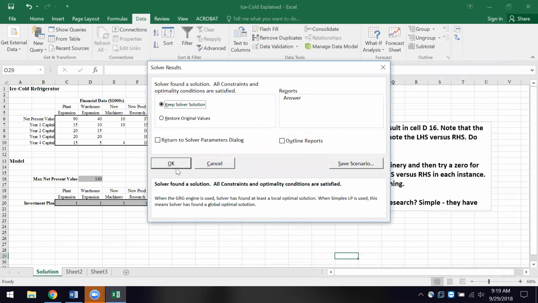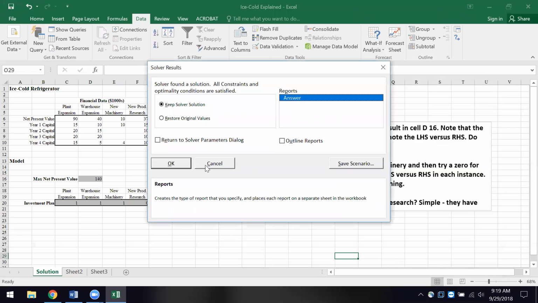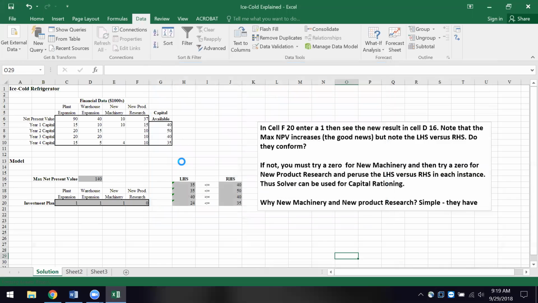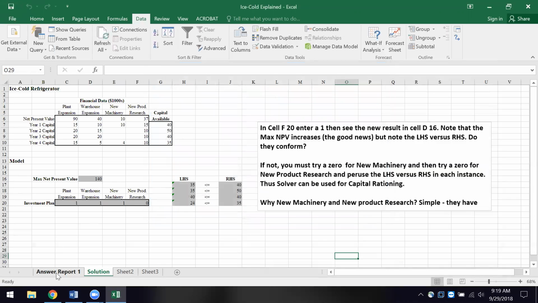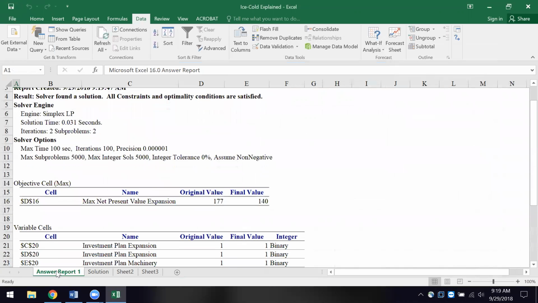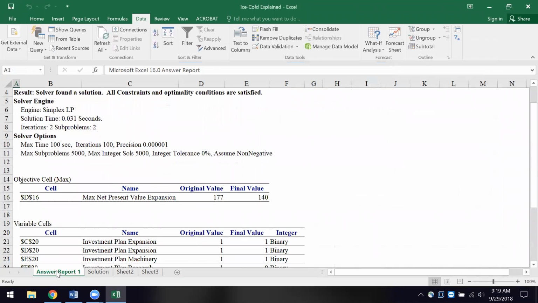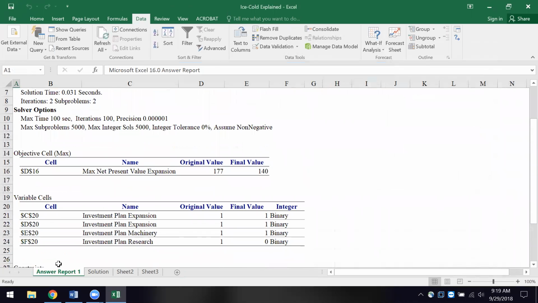All right, and of course it gives me the report, and I get the answer report. And let's just look at that for a moment. I can just click on answer report number 1. And here's the original value. And notice what happened.